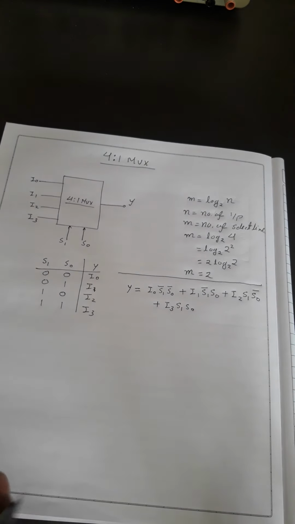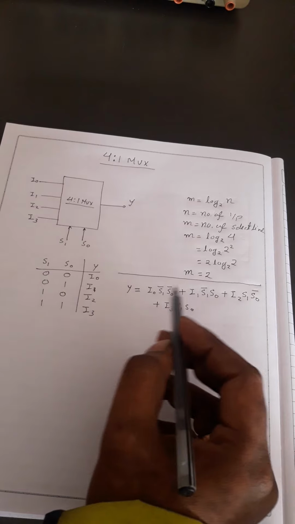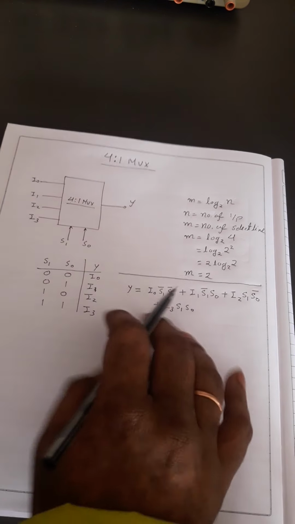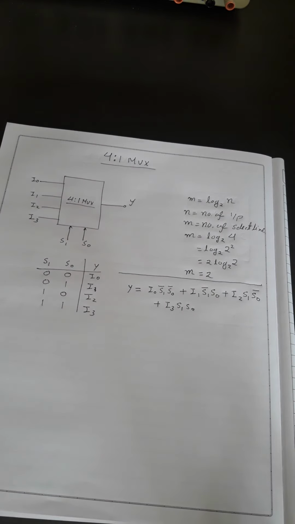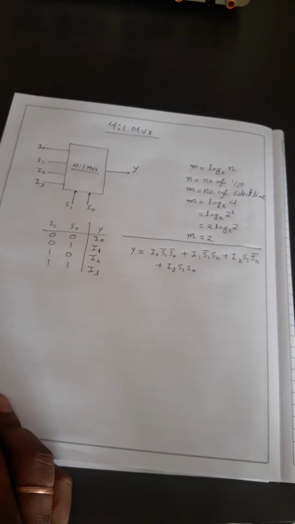So now we have developed all the variables, all the inputs are there in this equation. So we have developed the whole equation for the 4:1 MUX multiplexer.